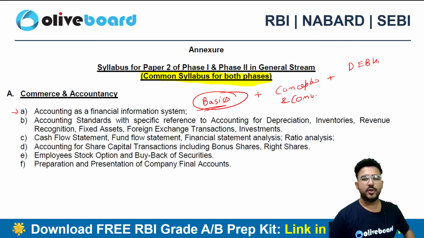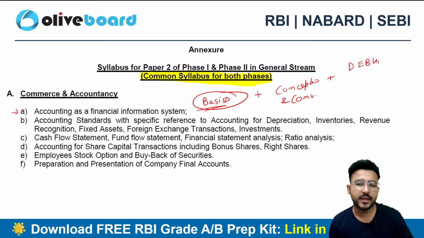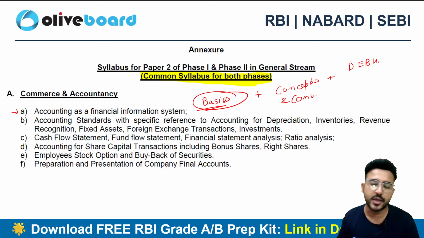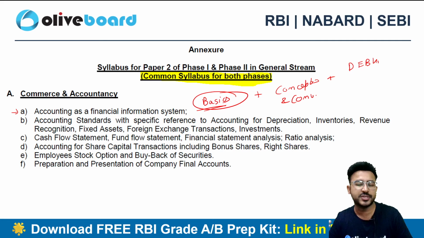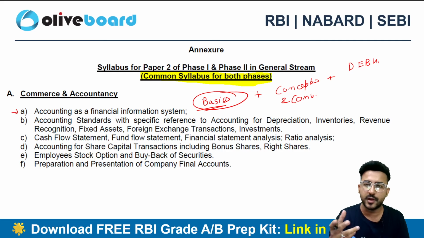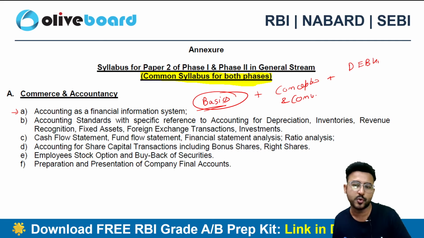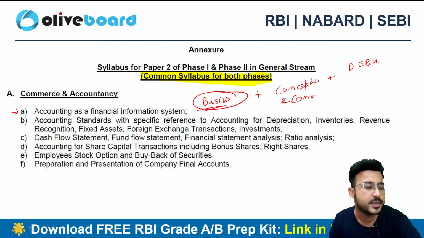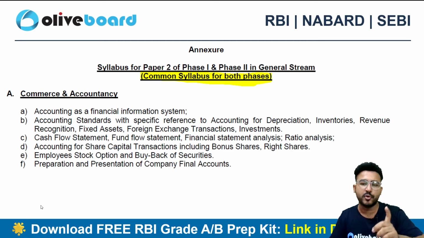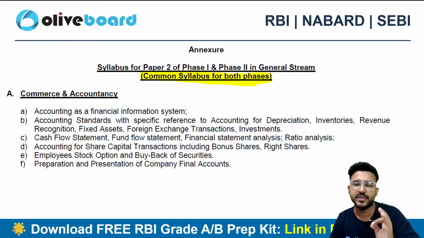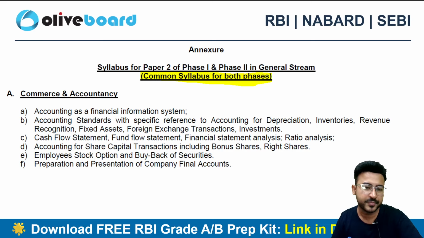Then your basics of accounts, like what are the methods of accounting, what are the approaches of accounting, what is the traditional approach of accounts, what is the modern rule of accounts, and so on, right? Rules of accounting basically. So you need to have a very good understanding of the basics, because many questions are coming from the basic side.